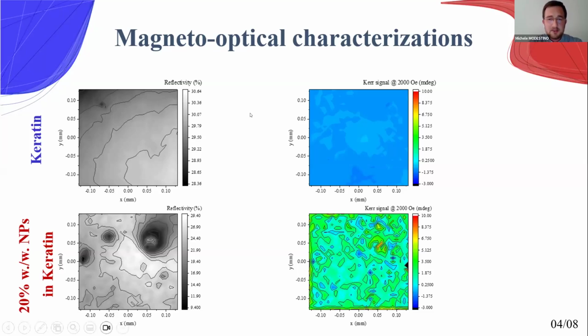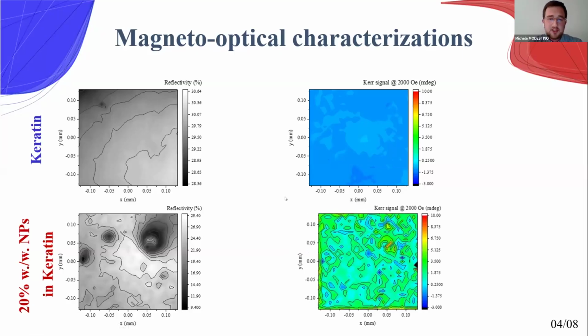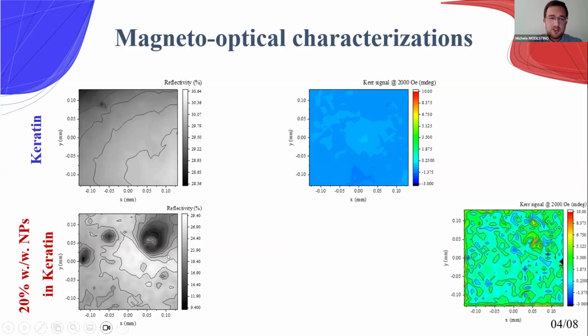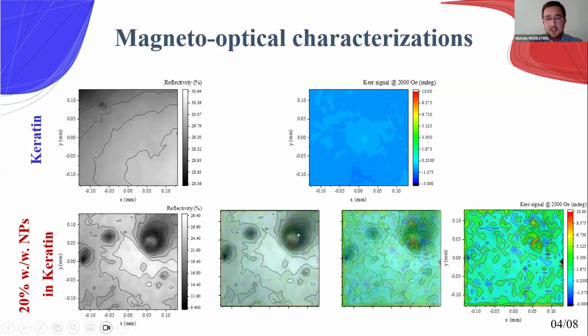By considering the maximum Kerr signal at 200 Hz for each pixel, we obtained these maps. As can be seen, in the case of keratin the signal is practically the same and quite near to zero, but with the introduction of nanoparticles the Kerr signal is increased. In particular, if we compare this image with the reflectivity one, it is possible to observe that the highest signal is associated with the regions with the biggest agglomeration of nanoparticles.